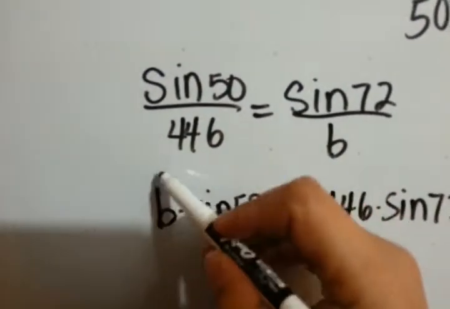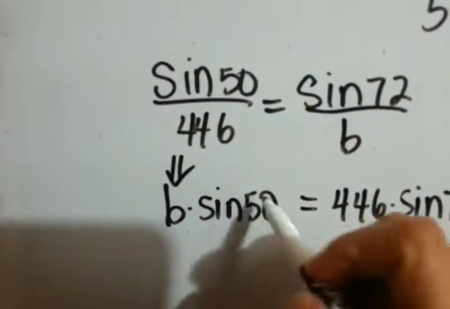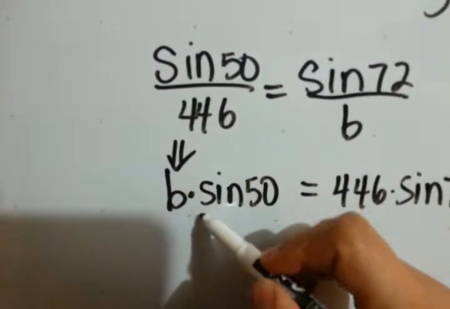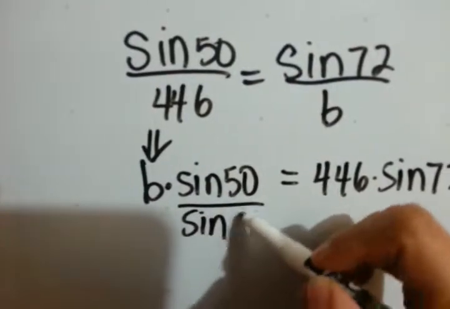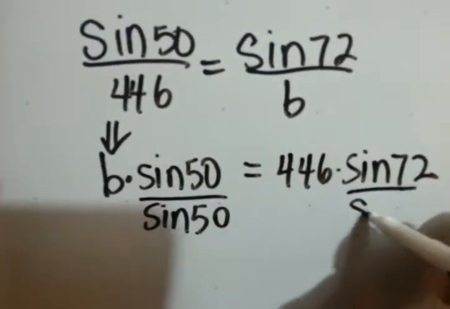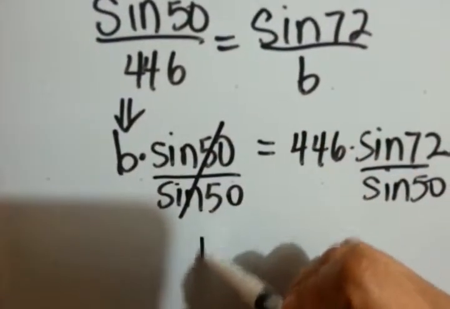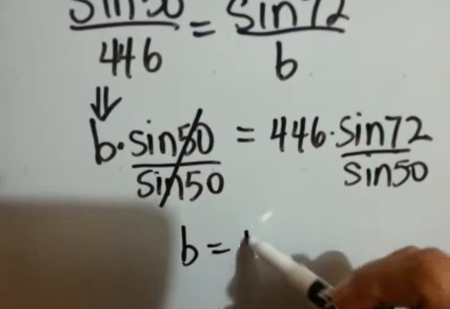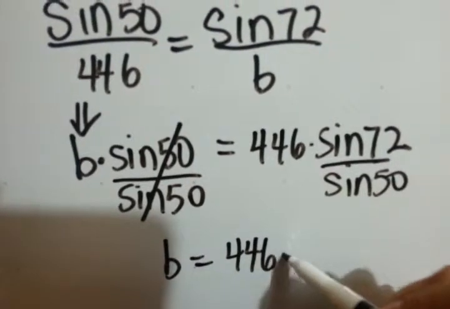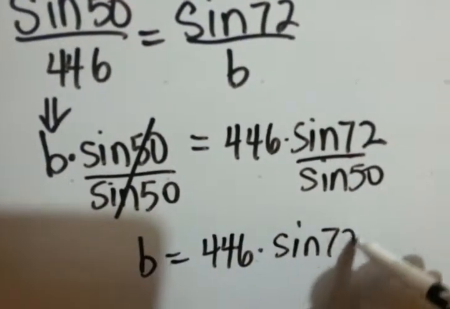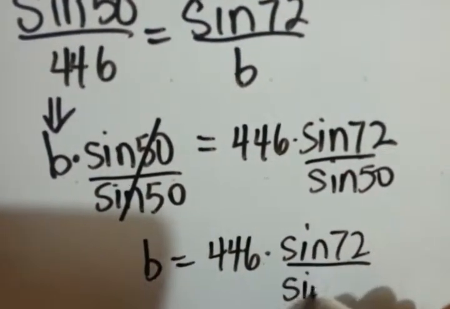And I'm solving for B. So that means I have to get rid of the sine of 50. Opposite of multiplication is division. Cross that out. And we get that B equals 446 times the sine of 72 over the sine of 50.